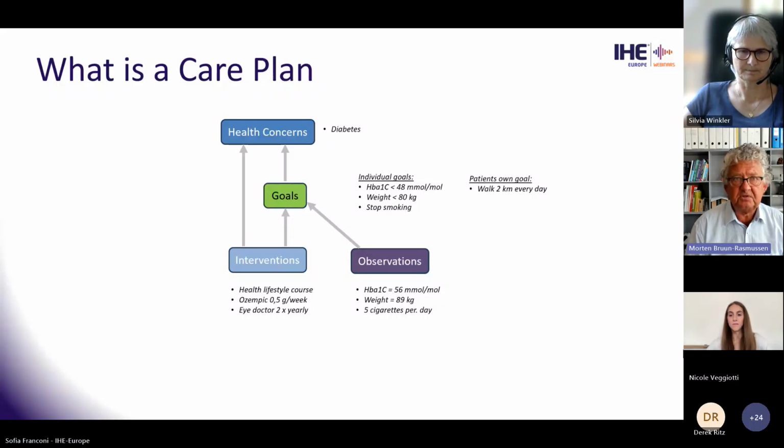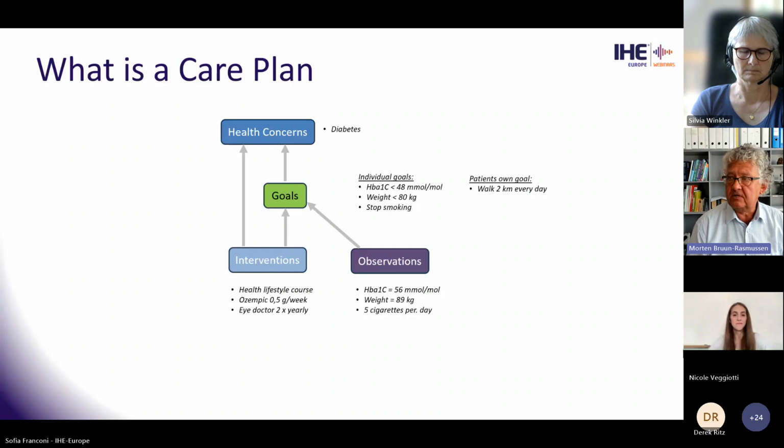Care plans were started in Denmark in primary care 6-7 years ago. We have a national implementation of care plans today. We have care plans for more than 300,000 patients for COPD, for diabetes type 2, and for heart diseases. So this is in daily operation. It is not as simple as shown here on this slide.